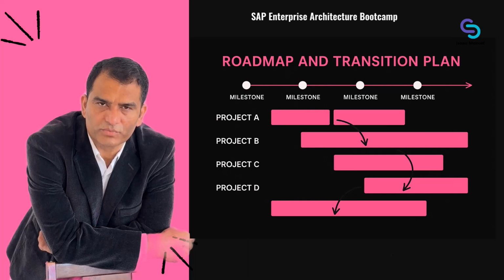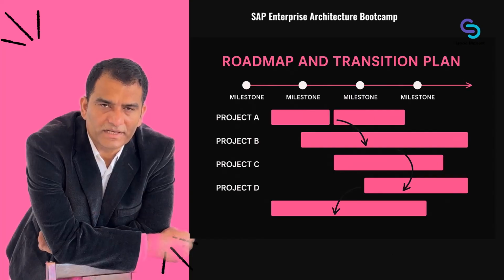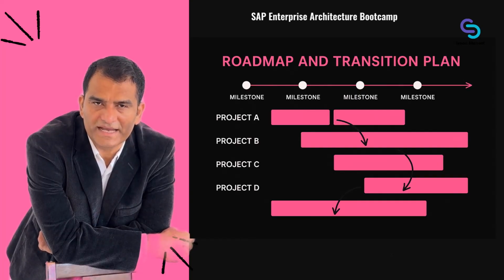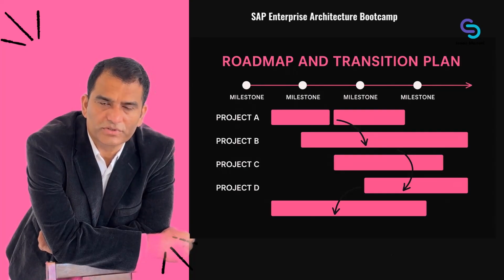Following this detailed blueprint is the roadmap and transition plan, typically presented as a timeline, often resembling a Gantt chart or phased roadmap diagram. It details various projects or work packages. It highlights milestones such as scheduled rollouts of specific SAP modules, clarifies dependencies between initiatives, and depicts interim architecture states.